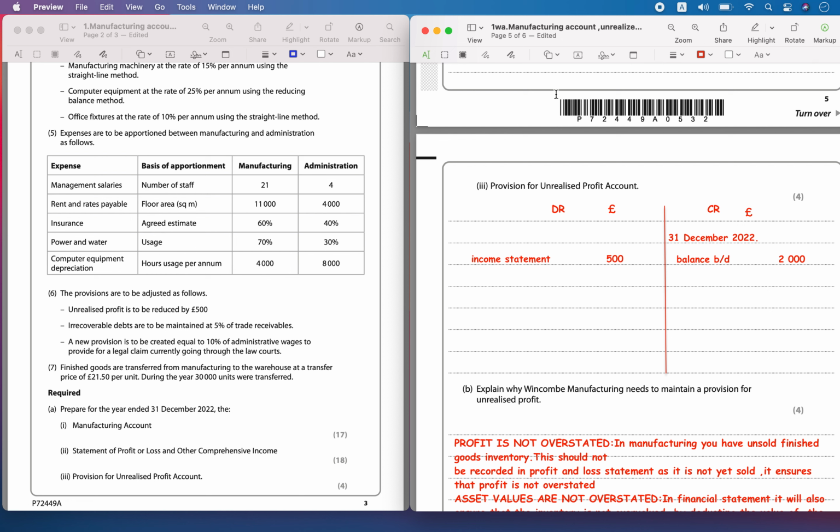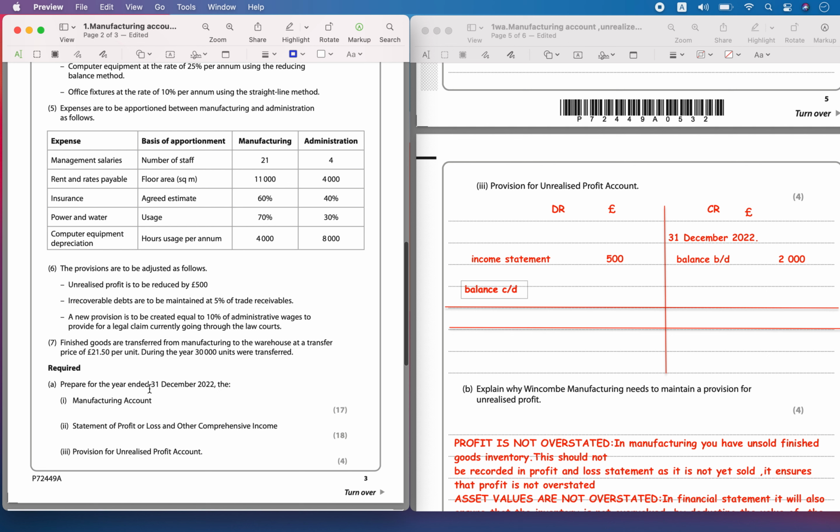Now the balance CD we have to find. That is the balance this year, which must have reduced. So the balance CD, here it's an adjustment, and it's also happening on 31st December.